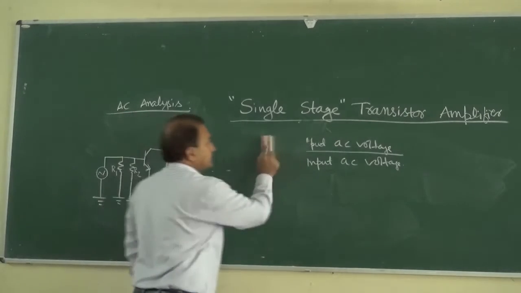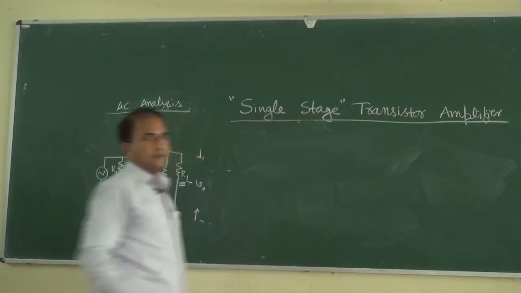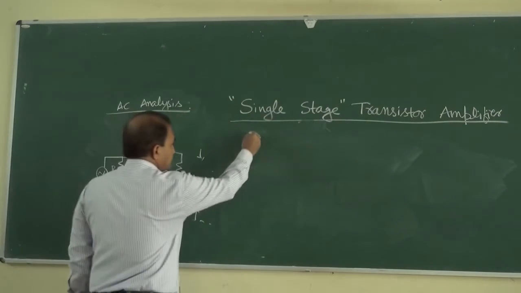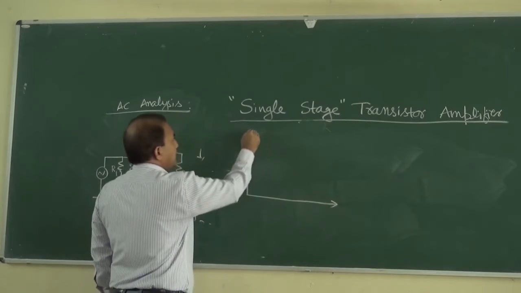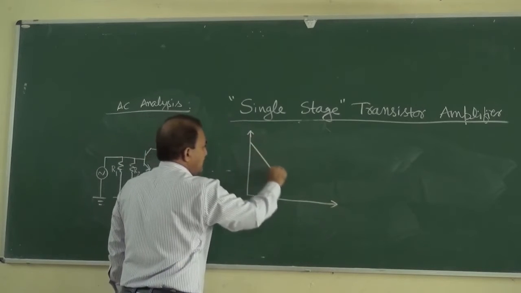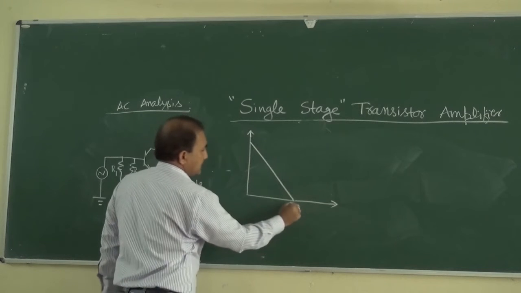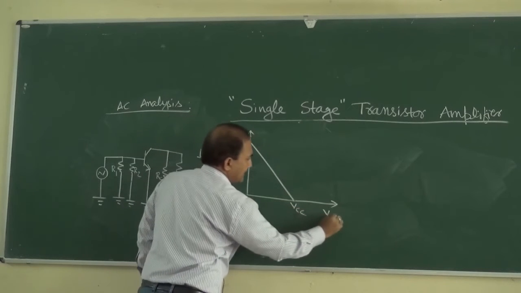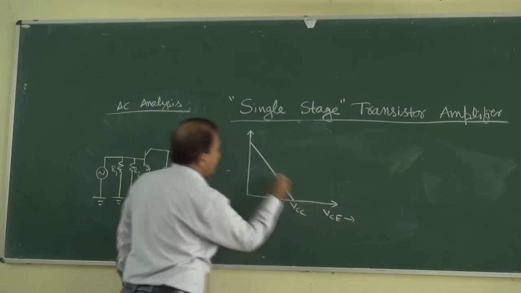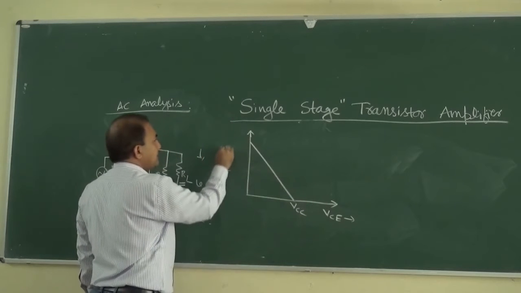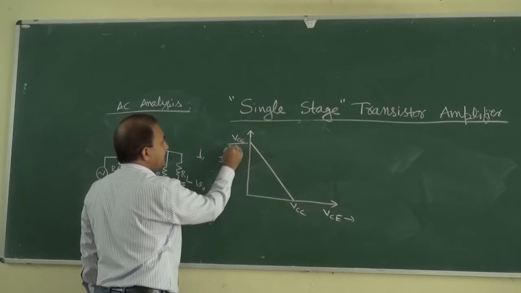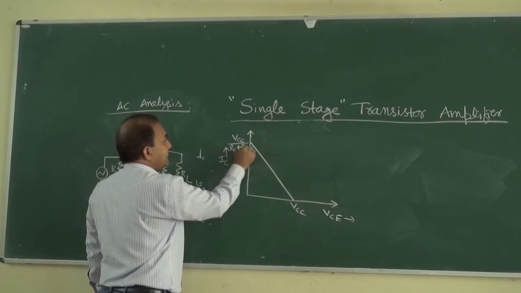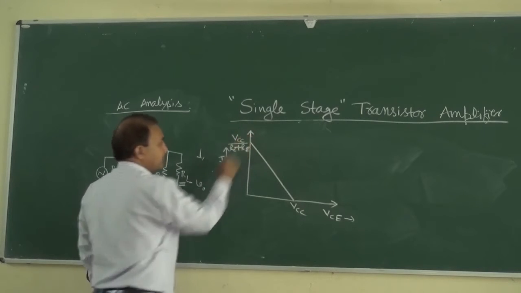So how can we plot the AC load line? We have just seen the DC load line. Suppose this is VCC, here it is VCE and this is IC. So it is VCC divided by RC plus RE.